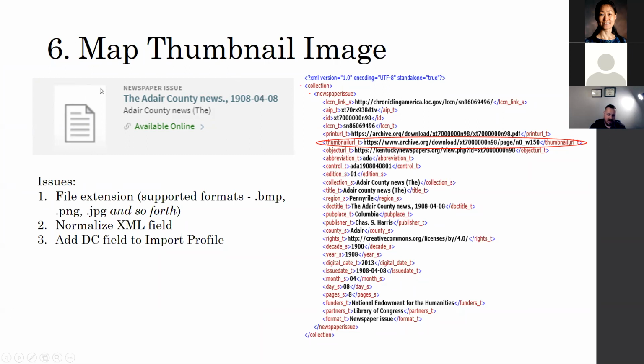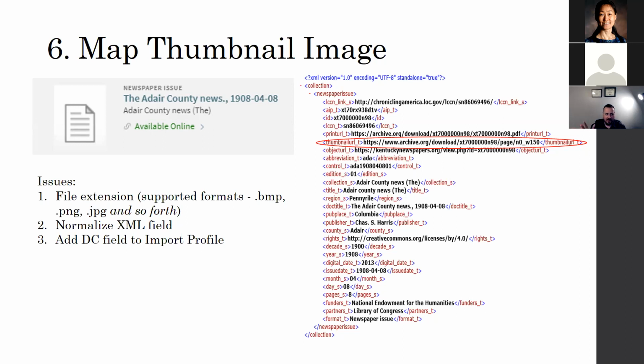When I looked at what was displayed on the KDNP site, they had an actual scan of the newspaper issue itself for the thumbnail image. I liked that, and I wanted that to be represented in Primo, because it's a bit more tailor-made for that specific issue. So I talked to our digital library architect about that.